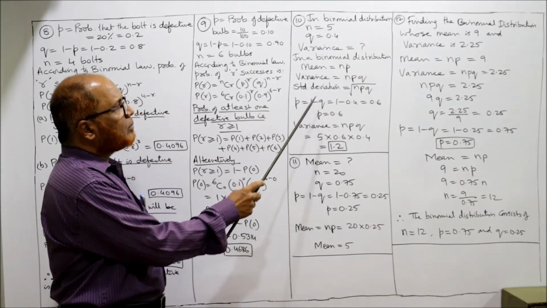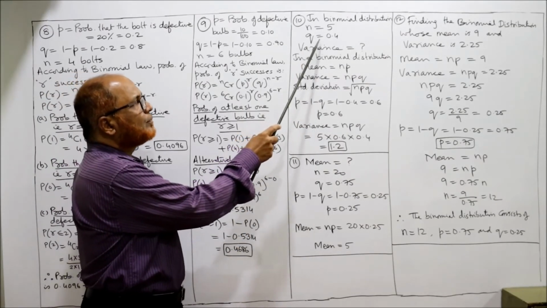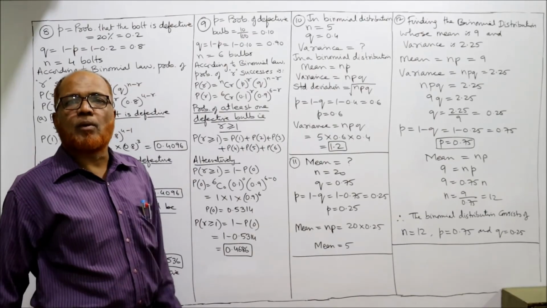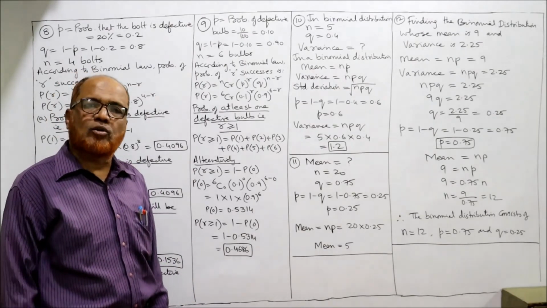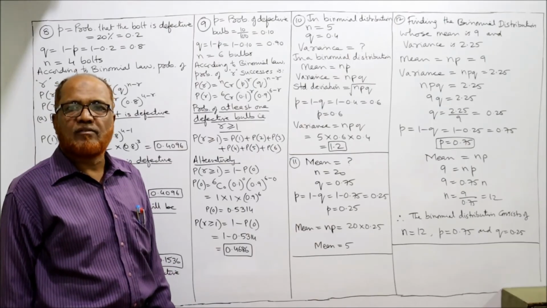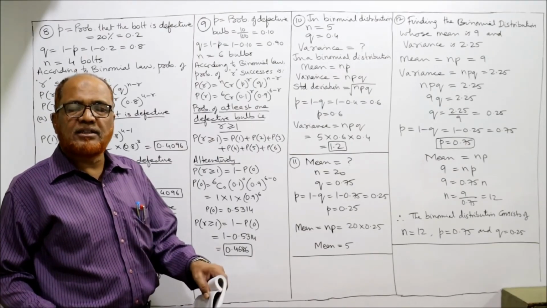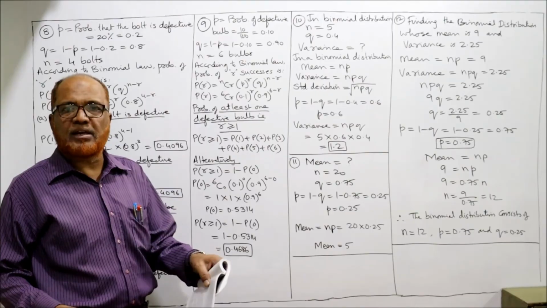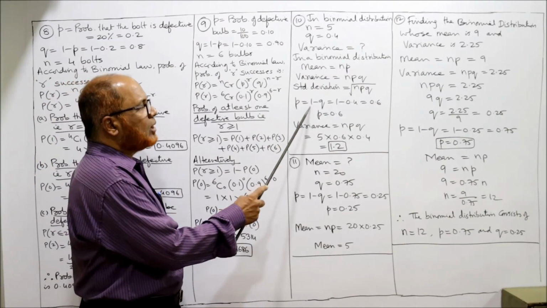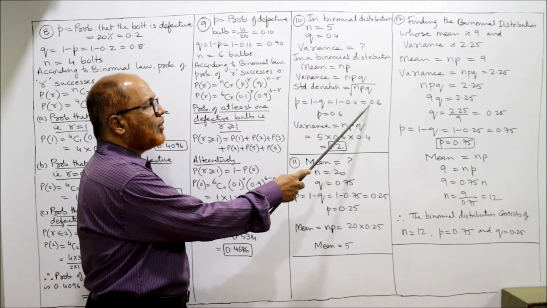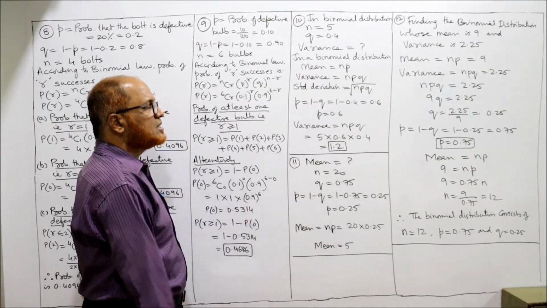So p is equal to 1 minus q. Q is nothing but the probability of failure. When the probability of failure is given, we can find the probability of success, 1 minus q. If p is given and you need q, then 1 minus p. If you need p, then 1 minus q. So p is equal to 1 minus 0.4, 0.6. So we got 0.6 as the p value.